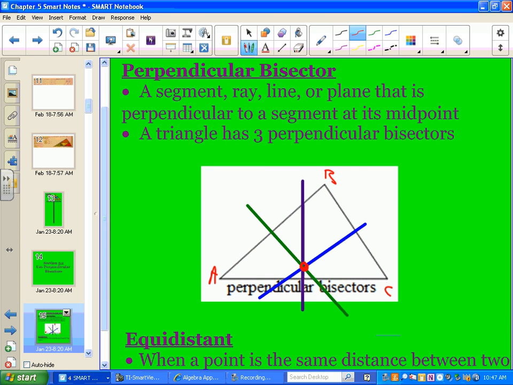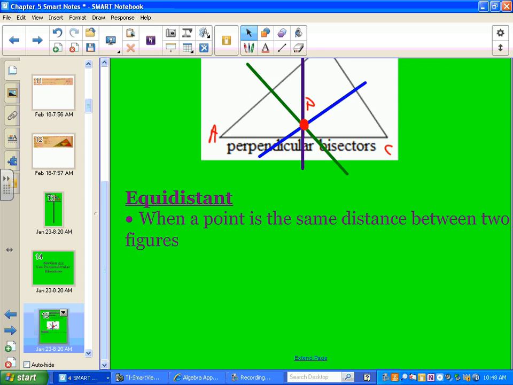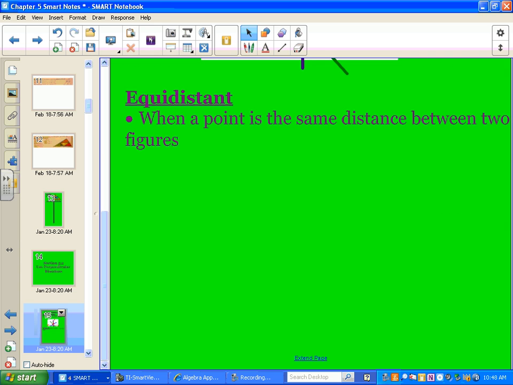If I were to label this point P, what would point P be called? Andy. That would be the circumcenter. That's where the 3 perpendicular bisectors intersect. Equidistant.